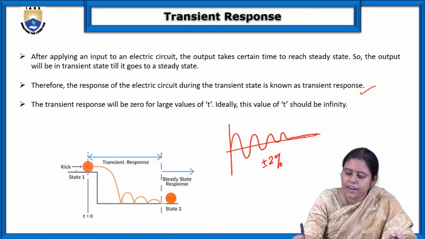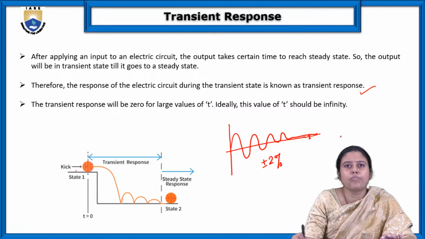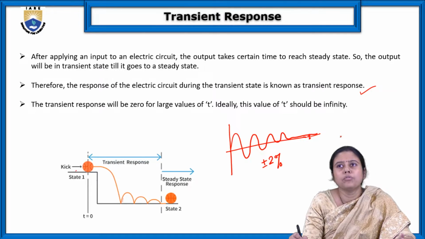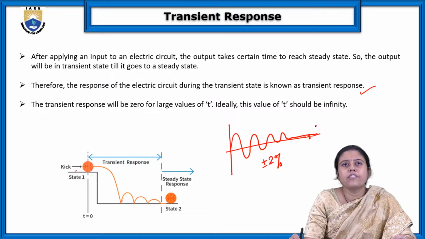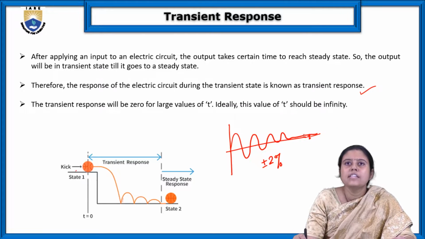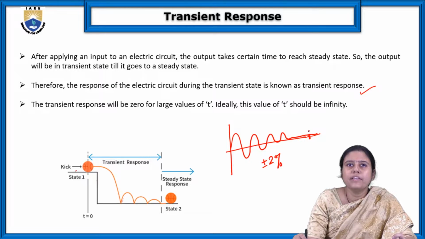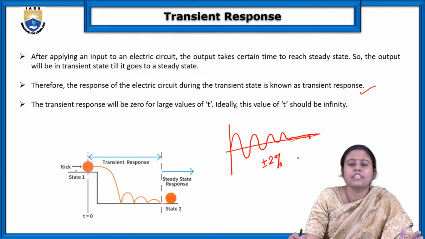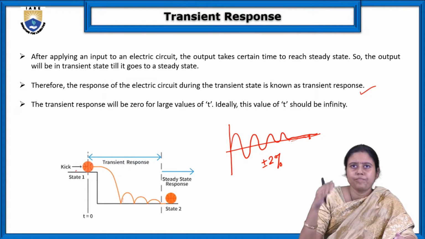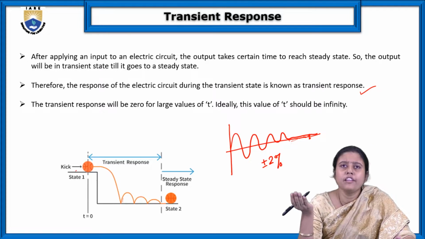You can see this is our desired output. If it is within the plus minus 2% value, we can say it is a stable condition. Otherwise, it is not a stable condition. So the transient response will be 0. The transient will totally die out when t has a very large value, or t is infinity.